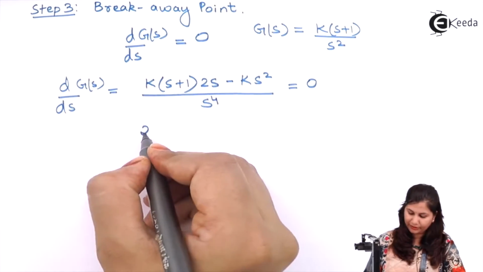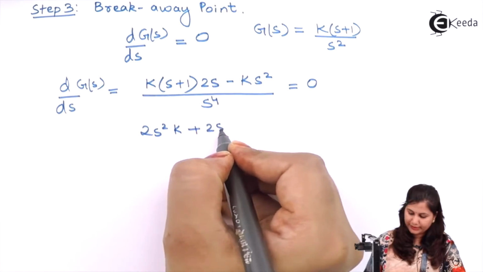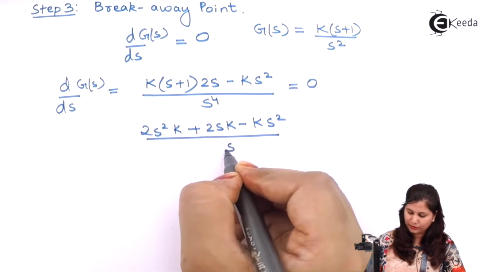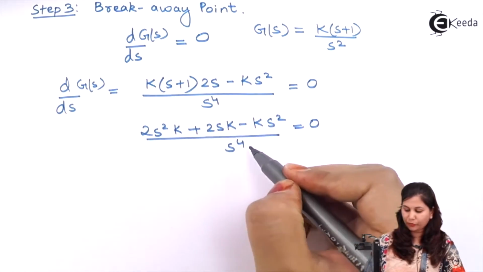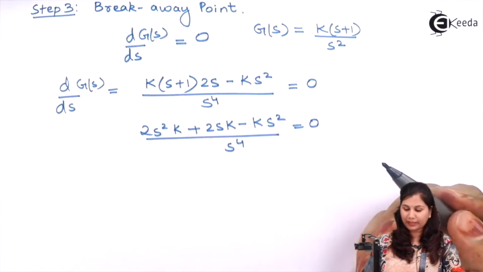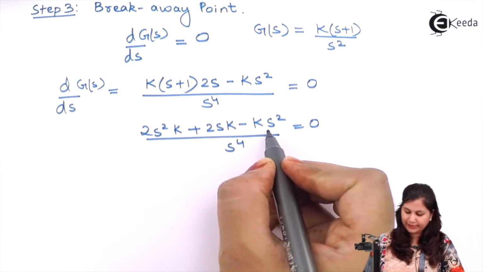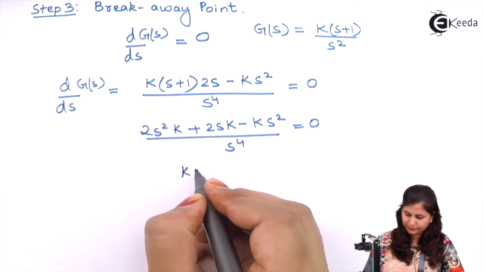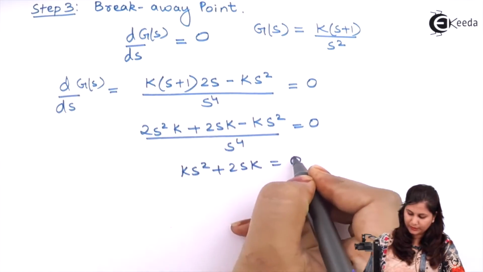From here we have (2s²K + 2sK − Ks²)/s⁴ equals 0. Now this s⁴, when it goes to the right hand side, it will become 0. And this is 2s²K − Ks², so it will be Ks² + 2sK = 0.